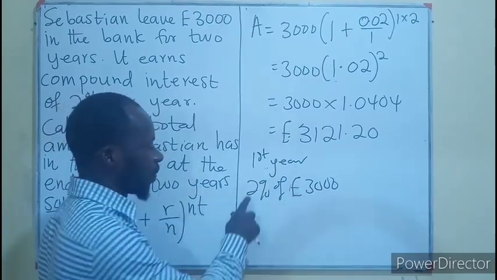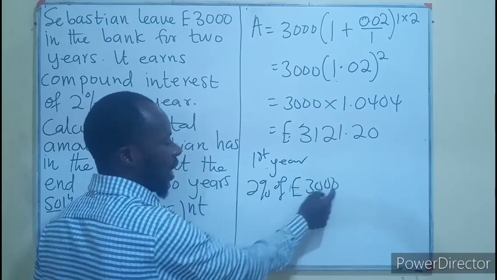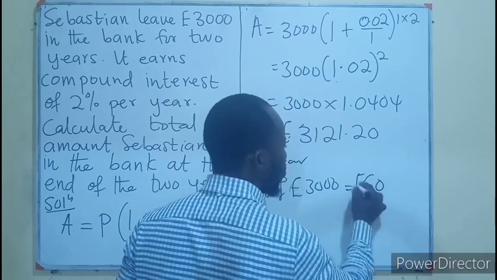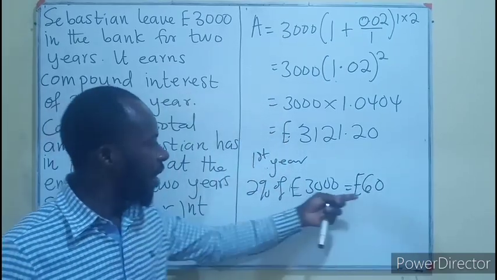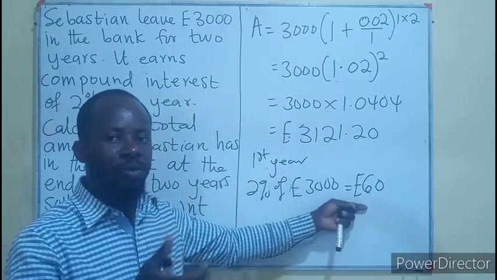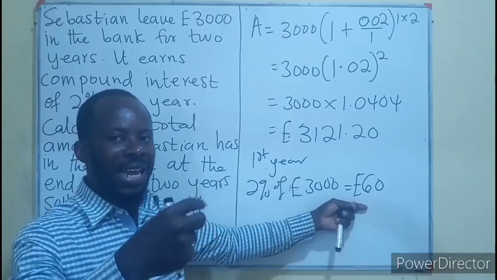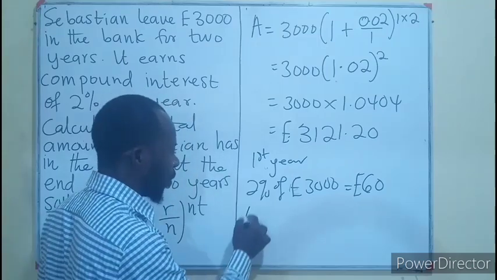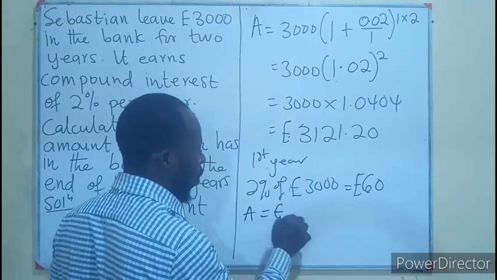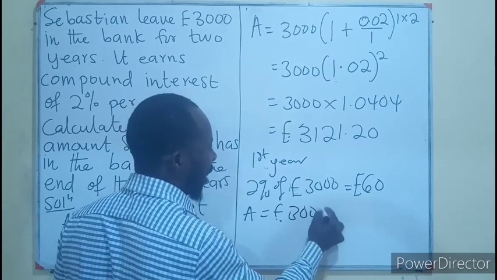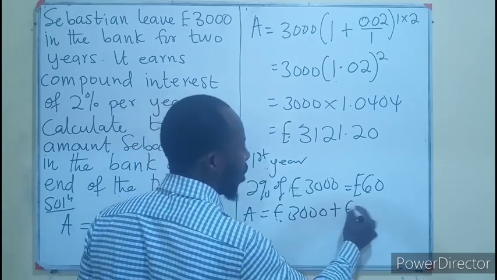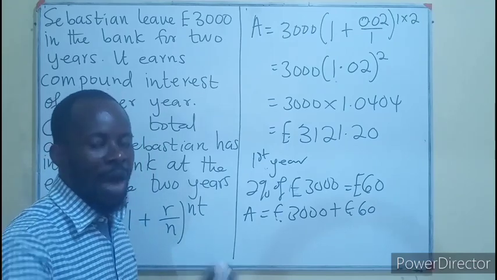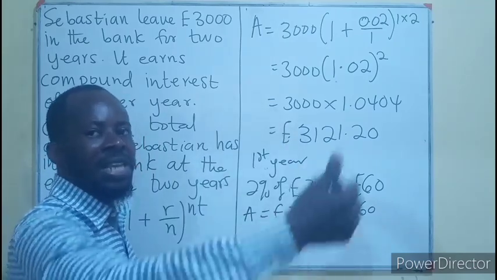If you do that, the 2 zeros will cancel, you'll be left with 2 times 30, and that gives us 60 pounds. Which means in the first year, your interest is going to be 60 pounds. Compound interest is accumulation of interest, so your amount will now become your 3,000 that you began with plus the 60 pounds that you have accumulated at the end of that 1 year.